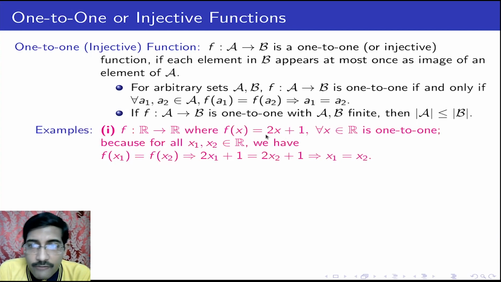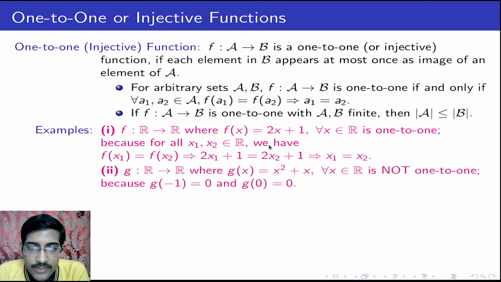An example: if f(x) = 2x + 1, when we are mapping from real numbers to real numbers, then we say that this is 1 to 1, because for all x1 and x2, if f(x1) = f(x2), then it automatically implies that x1 = x2. So it means that this is 1 to 1. Let's take another example to show that a function is not 1 to 1.